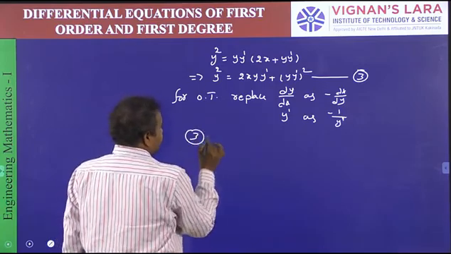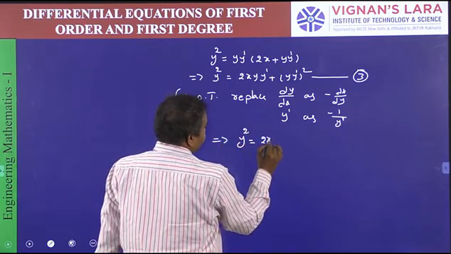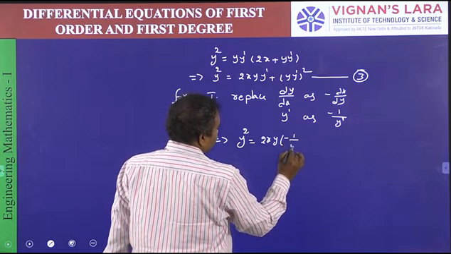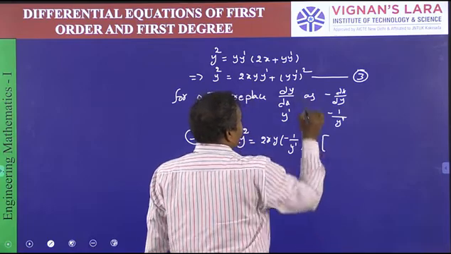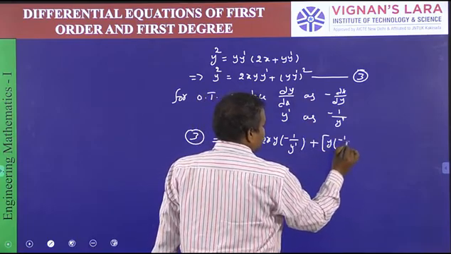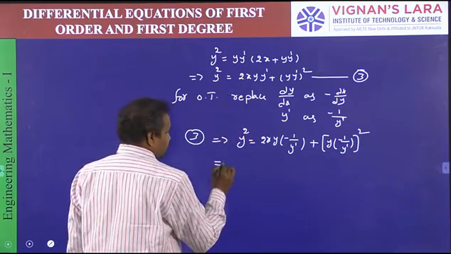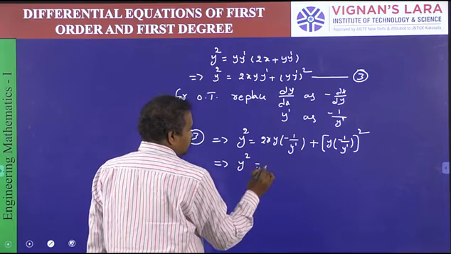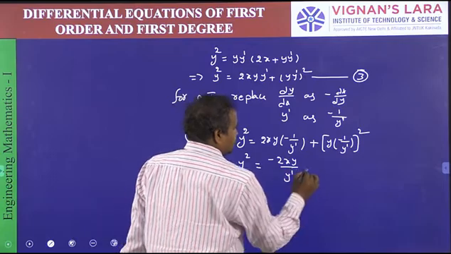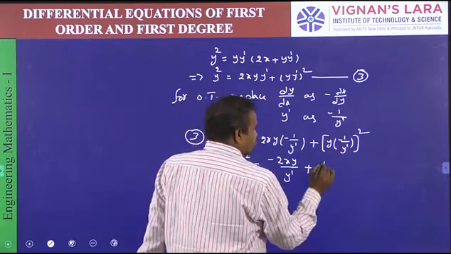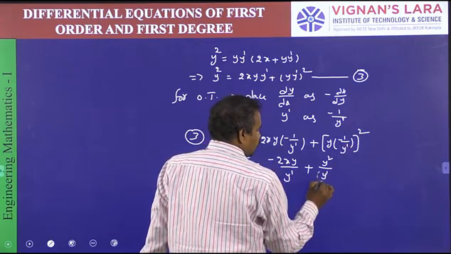Then 3 implies y square is equal to 2xy into minus 1 by y dash plus y dash whole square, y into minus 1 by y dash whole square. That implies y square is equal to minus 2xy by y dash plus y square by minus 1 whole square plus y dash whole square.